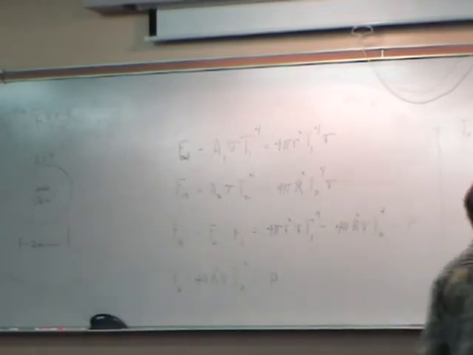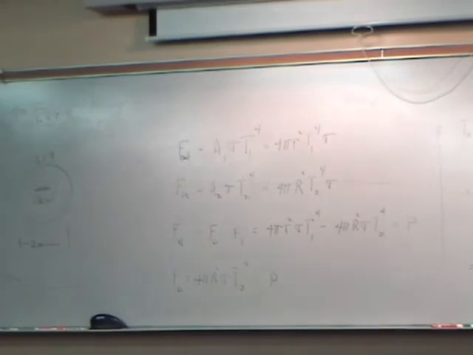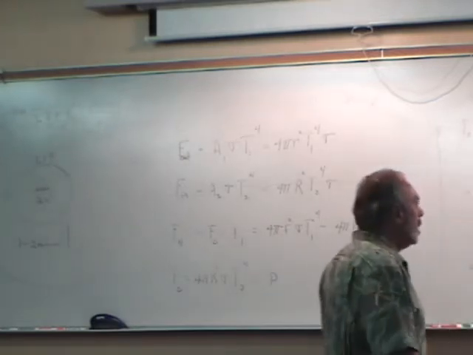So we could write 4 pi r squared sigma t1 to the fourth minus power equals power. So 4 pi r squared sigma t1 to the fourth equals 2 times the power. There's your question right there.